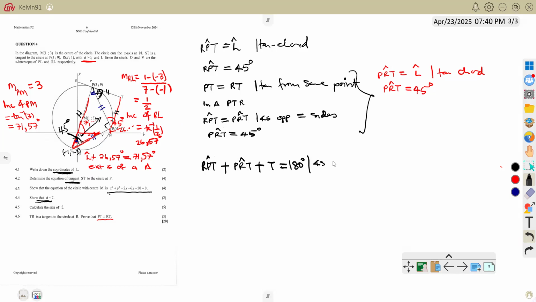These are angles in a triangle. But here and here we found them to be 45 degrees each. So it means here our T, we make it subject of the formula, will be equal to 180 degrees minus 45, then minus 45 degrees. Then the T is equal to 90 degrees.